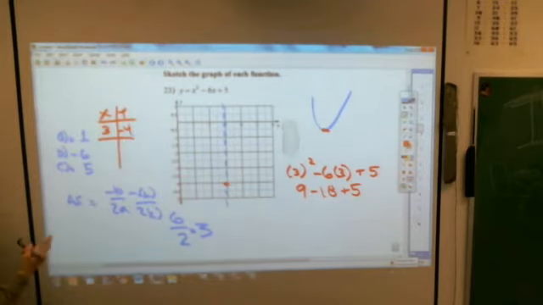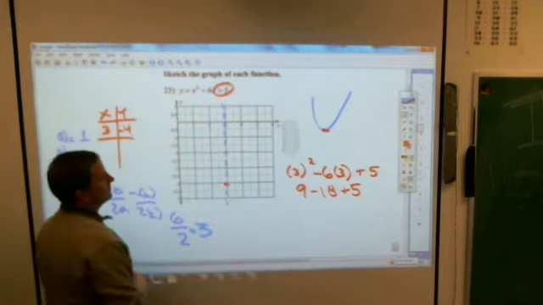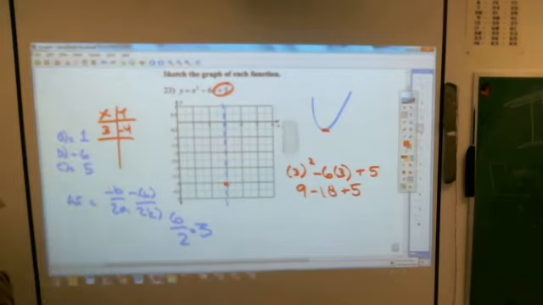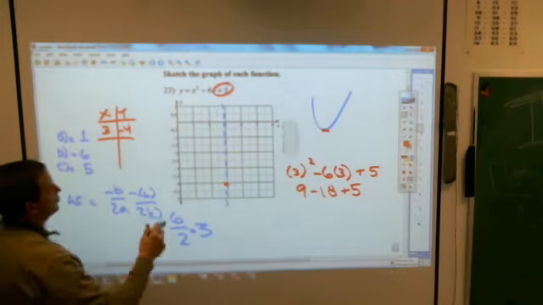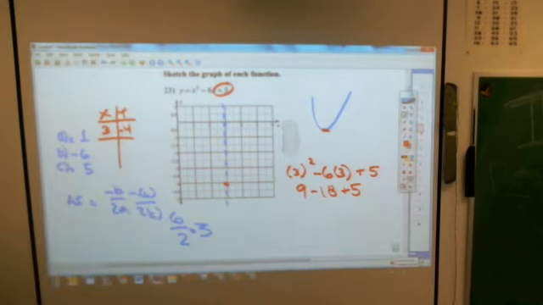Now the next thing you look for, which sometimes works, sometimes doesn't, is this number here, where it crosses the y-axis. Unfortunately, that number is way up off of our graph. So now we're in a world of hurt. Here you just need to pick one of these numbers to see if you can figure out where a point is.